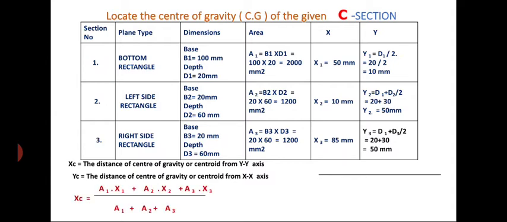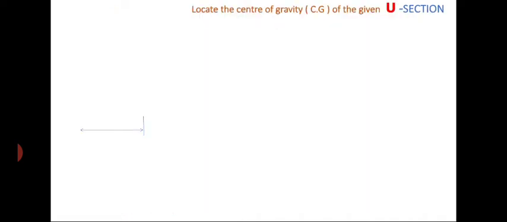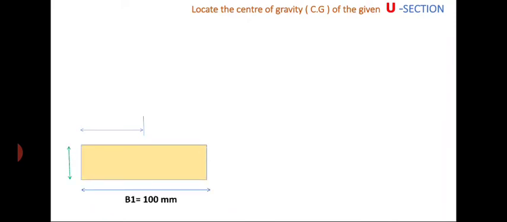From the general expression, by substituting these values, we will get the final answer xc equal to 50 mm and yc equal to 31.81 mm. Now I am showing the final position of the centroid or center of gravity for the channel section.